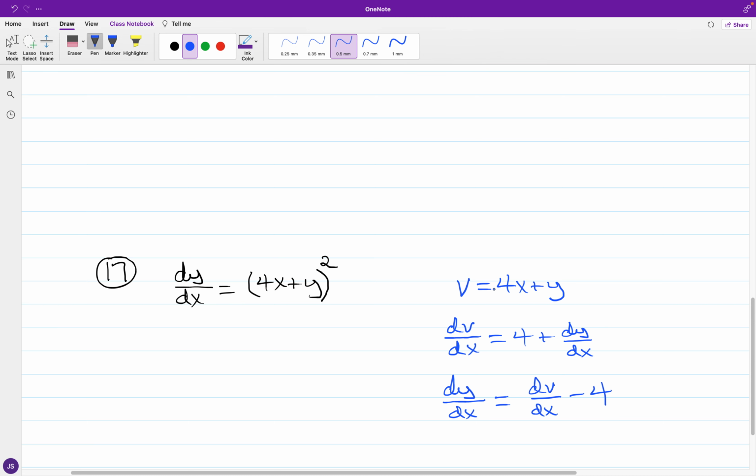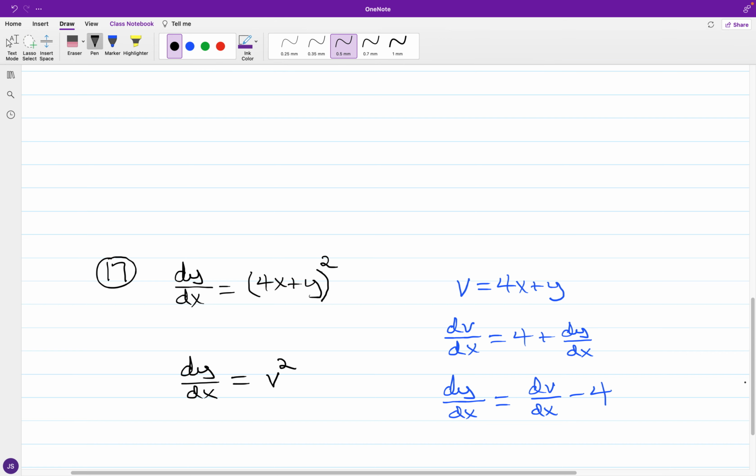And having v represent 4x plus y, we can say that dy over dx is equal to v squared.